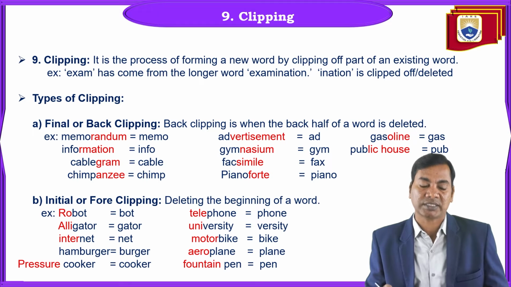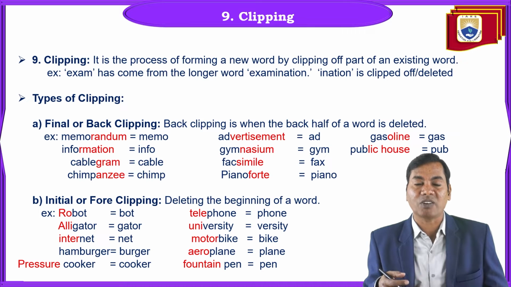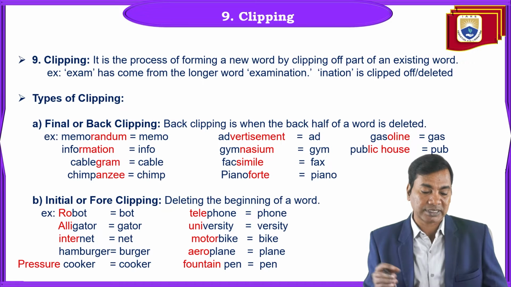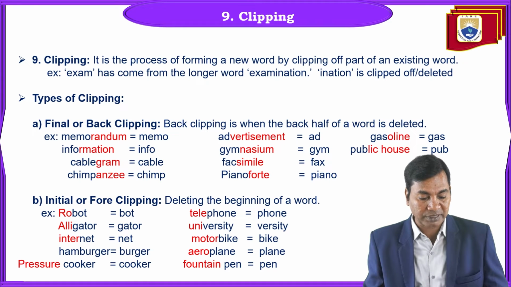Look at the first type of clipping, that is final or back clipping, or you can say final cutting, or back cutting, or removal of final part, or removal of back part. So this is the first type of clipping.